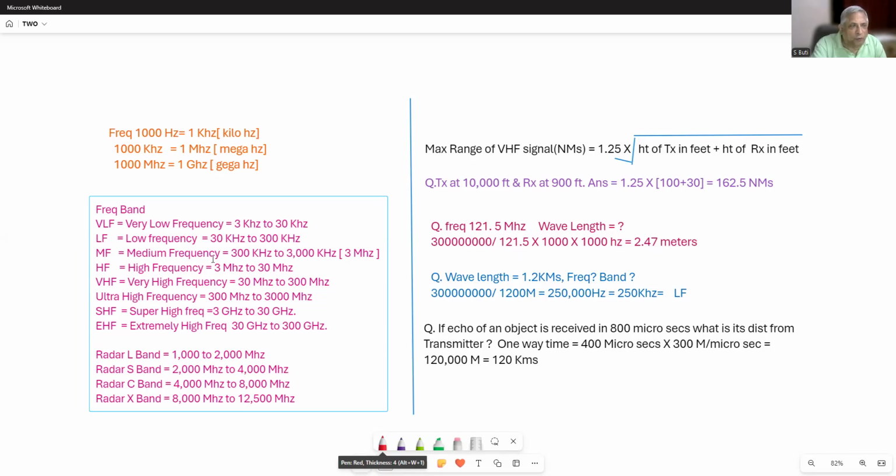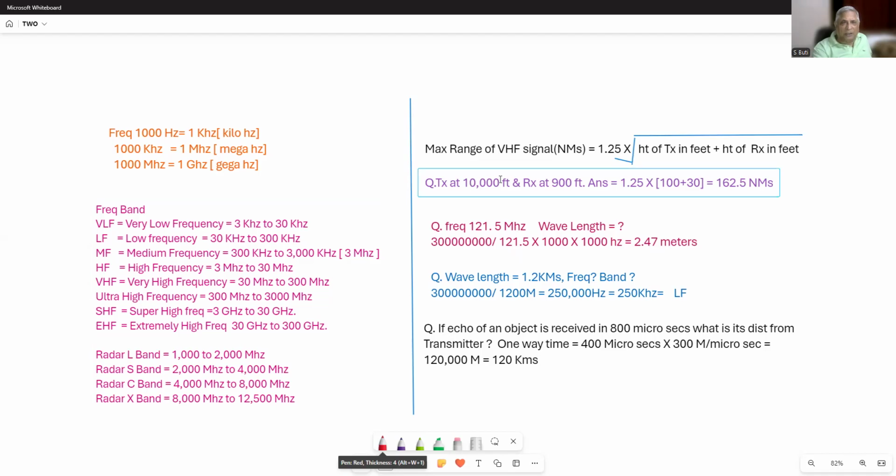Maximum range of a very high frequency signal is 1.25 into square root of height of the transmitter in feet plus square root of height of the receiver in feet. For example, transmitter is at 10,000, receiver is at 900 feet. When the ground is transmitting, aircraft is receiver. When aircraft is transmitting, ground is the receiver.